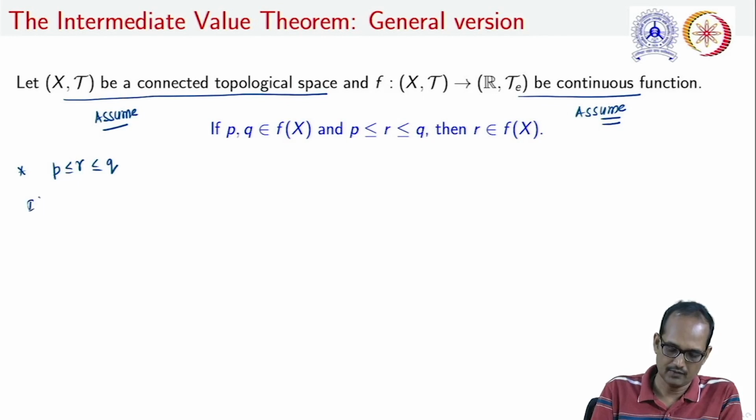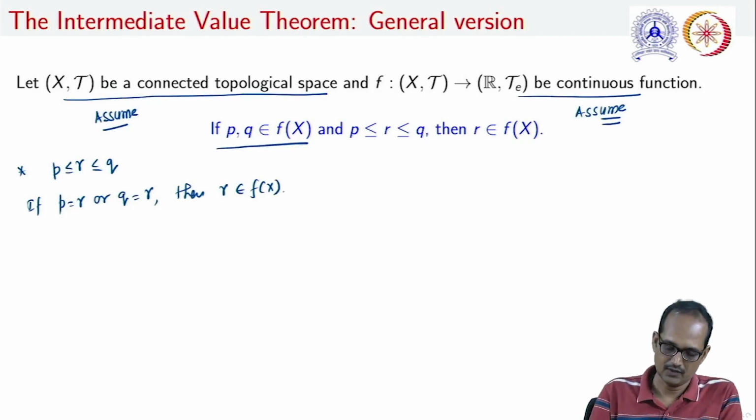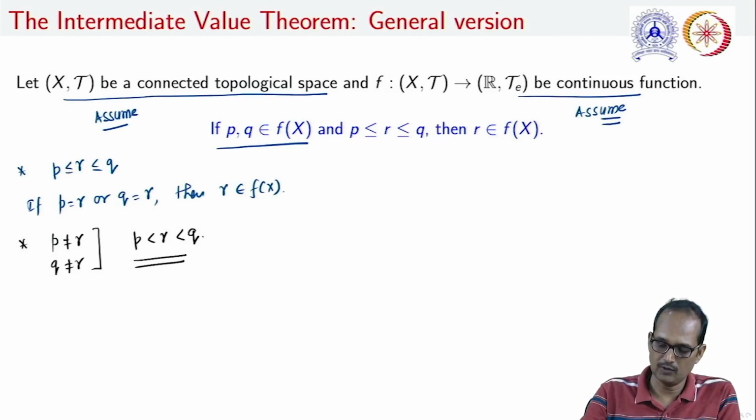Note that if p is equal to r or q is equal to r, then r is always a member of f(X), because p and q are members of f(X). So we take that neither p is equal to r nor q is equal to r, that is, p is strictly less than r and r is less than q. Our motive is to justify that r belongs to f(X).